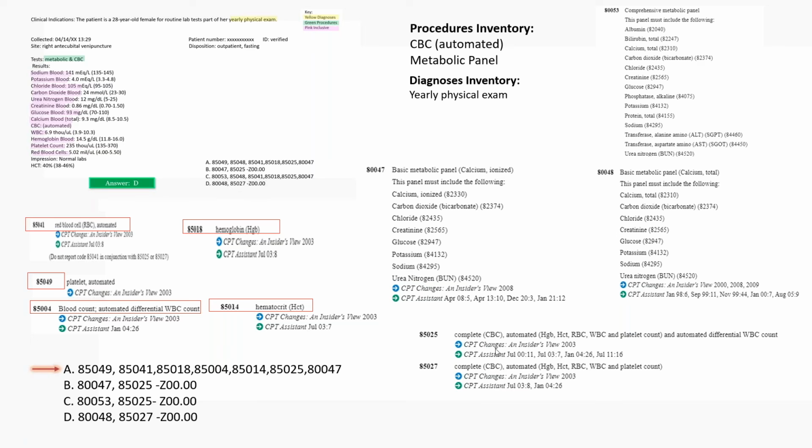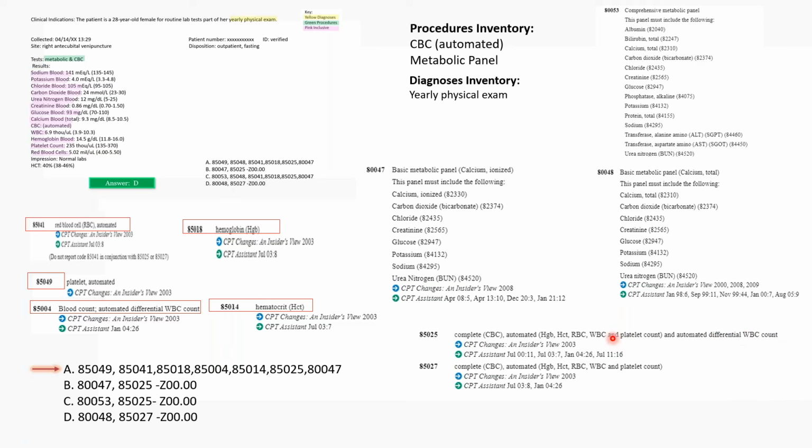Yes, I will say this is coding all these tests along with 85025, which is a CBC, and there is also 85027. 85025 is coding for a CBC, which already has hemoglobin in it. It's having hemoglobin already included, hematocrit, RBC, WBC, platelet count, and automated WBC differential count as well.